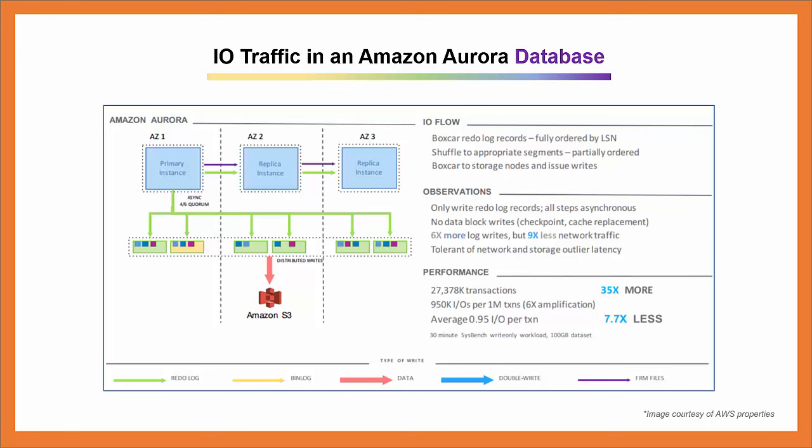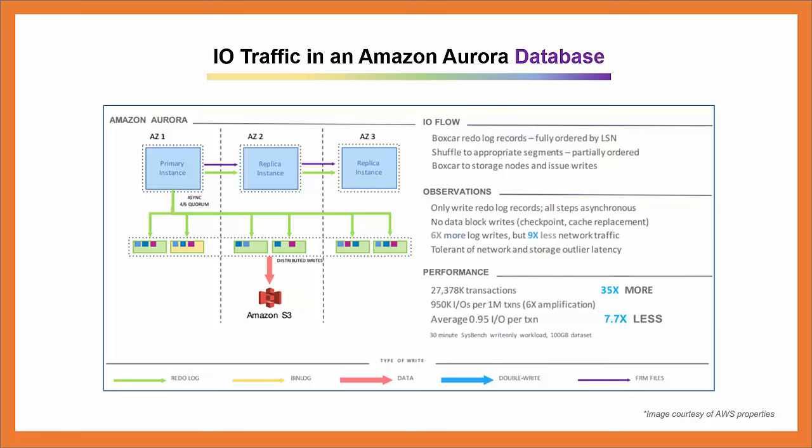This has 6 times the amplification because of the 6 storage nodes. If you broke that down, it's about 150,000 read-write operations per storage node. That's about 7.7 times less than what it took from a MySQL standpoint.